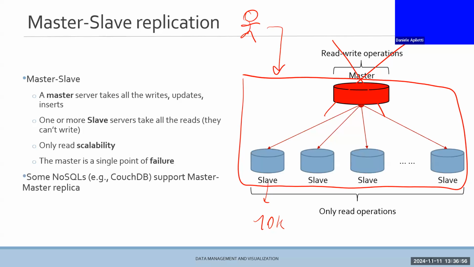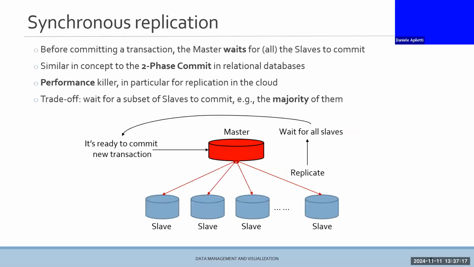You might have slaves which are not as powerful as the master. But given some differences in architecture and hardware, from a data point of view, it can be elected to become a master because it contains the same data. However, that is not always true. Why? Let's see the synchronous versus asynchronous replication.